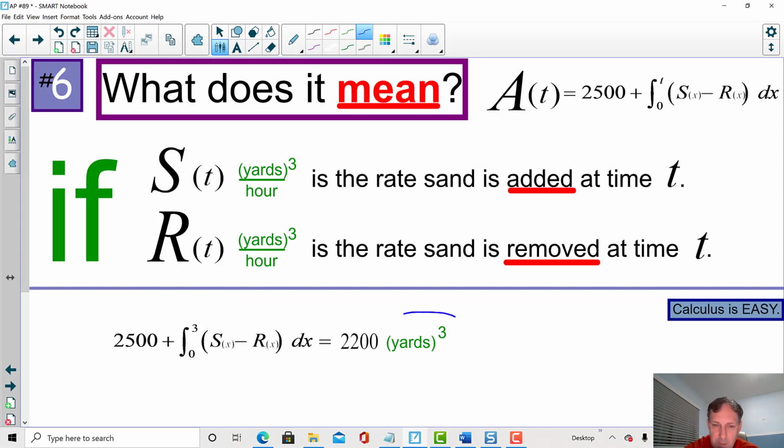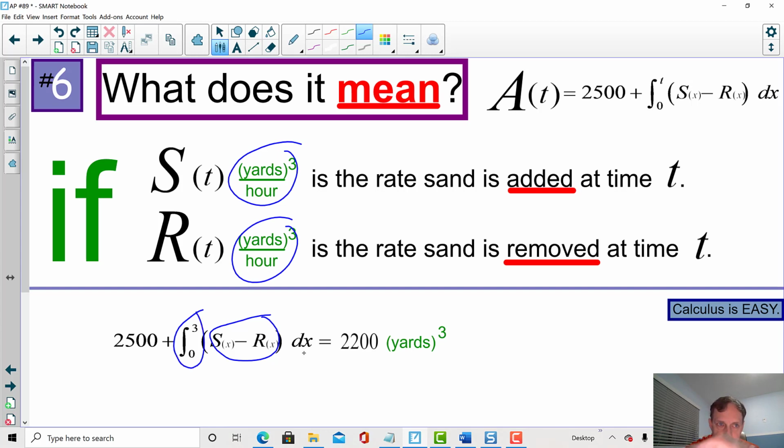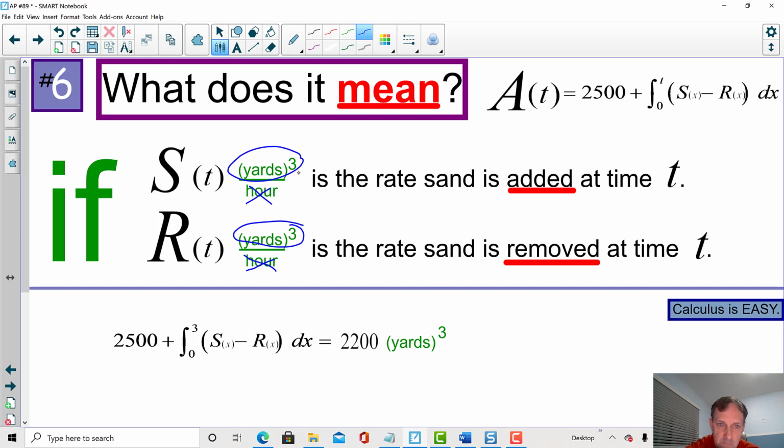But I do want to talk about how I got cubic yards for my units. Both S of t and R of t have units of cubic yards per hour, and we're doing the integral of those rates. So when you do the integral, it's going to cancel one of the units of time from the bottom. And that's how I'm getting cubic yards for my units for this example.